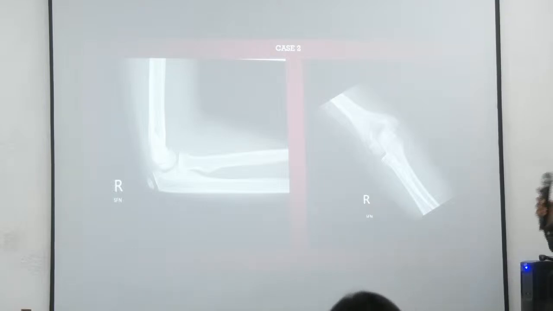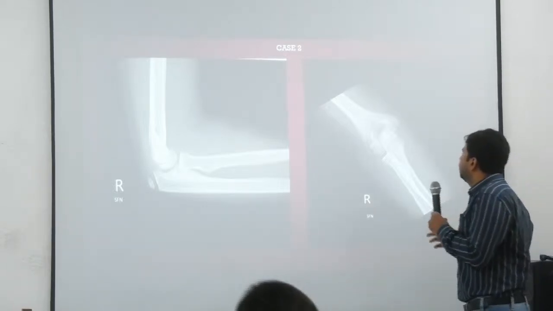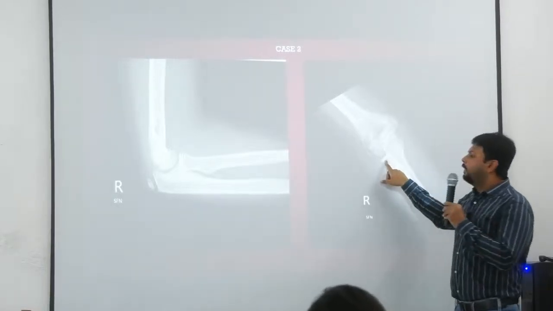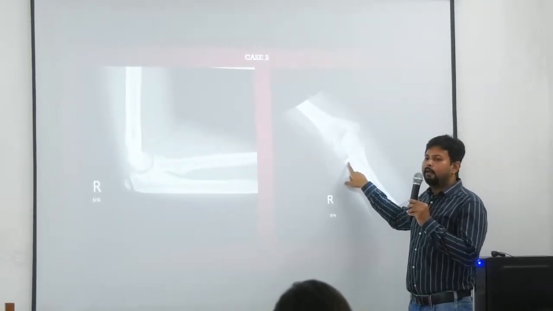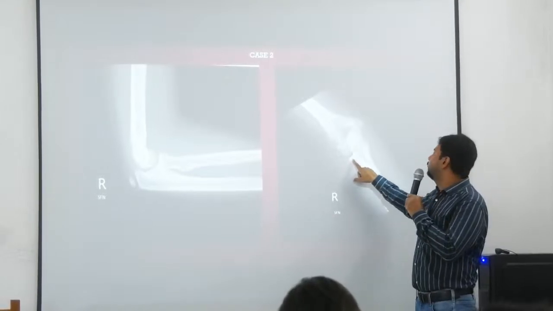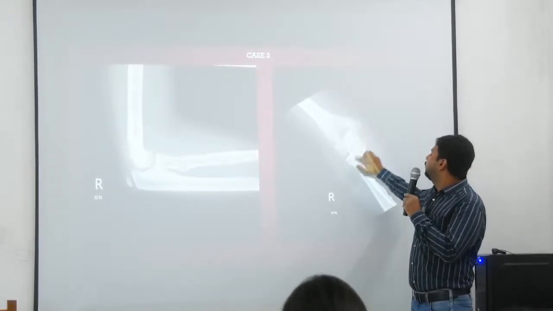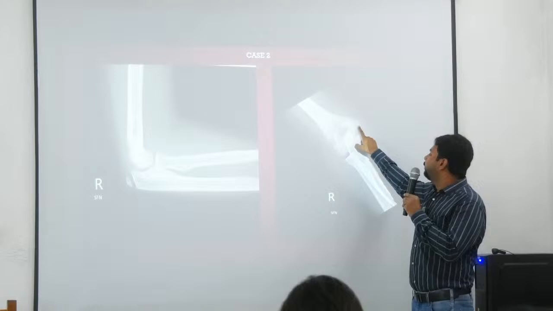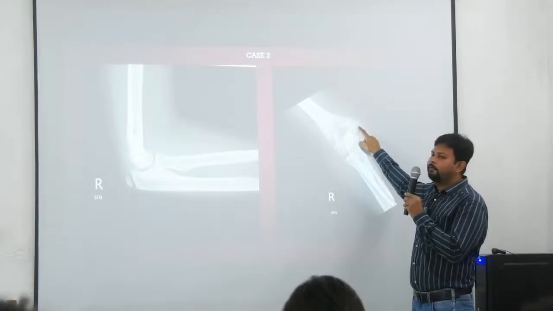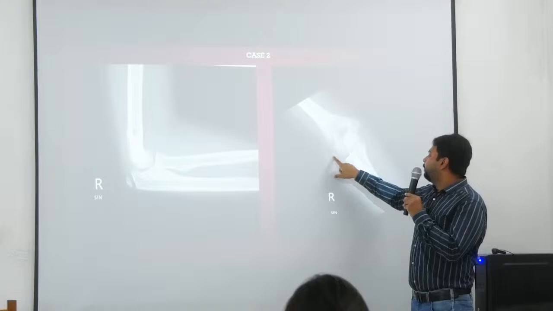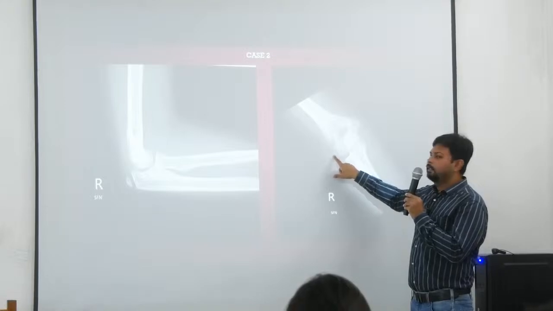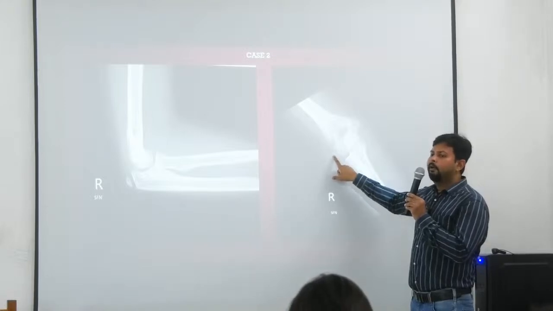So let's estimate. Radial head appeared, not fused, less than 14, above 6, right? Medial epicondyle appeared but not fused, again close to 14. Lateral epicondyle has appeared, so above 10 years.